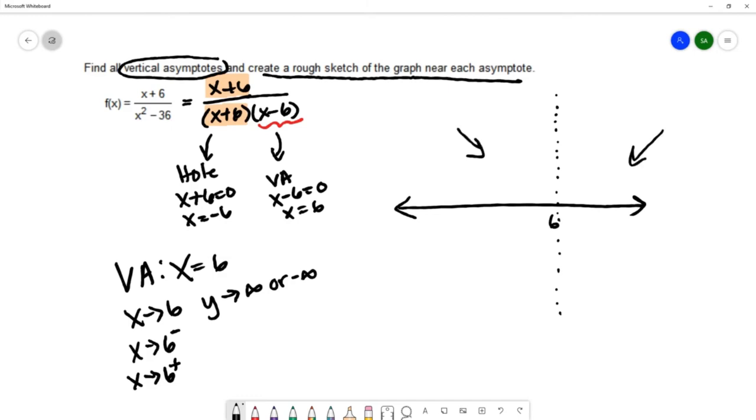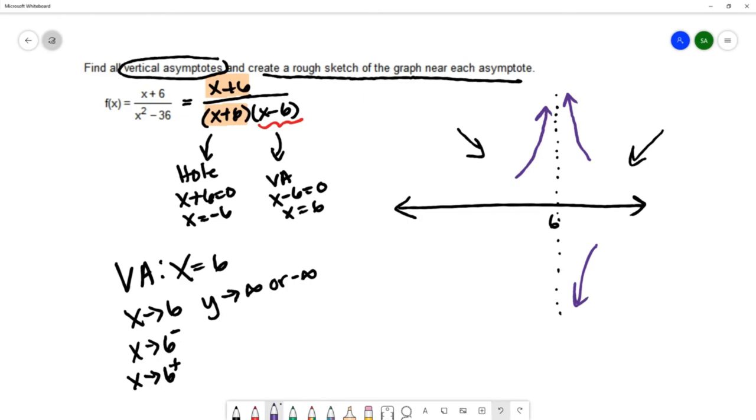We know that y will go to infinity or negative infinity, but we don't know which one, whether we should sketch the graph approaching infinity or negative infinity from above, or from below. That's what we need to figure out.